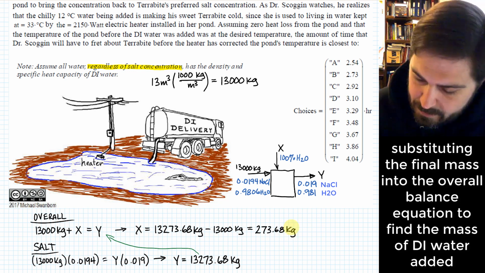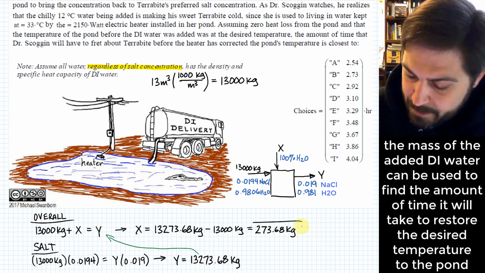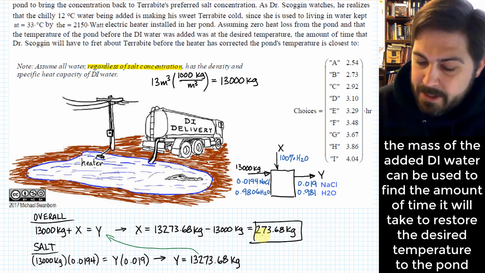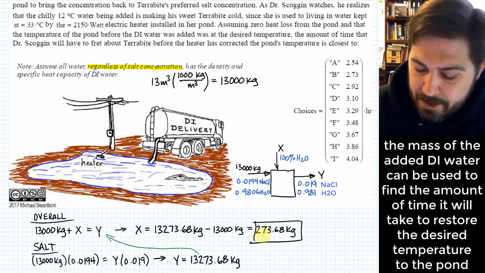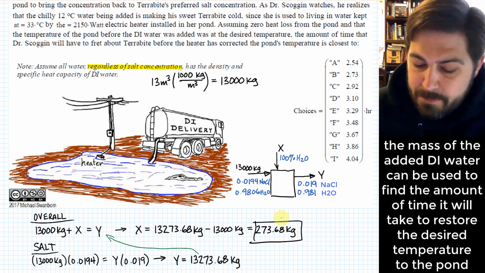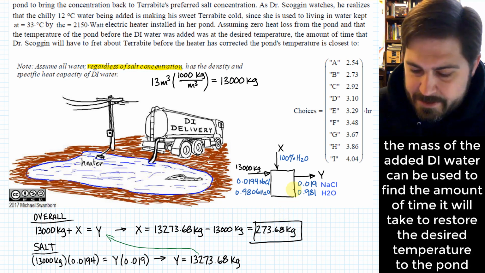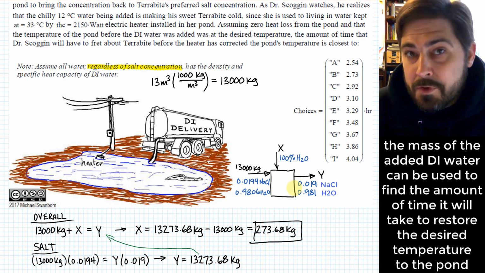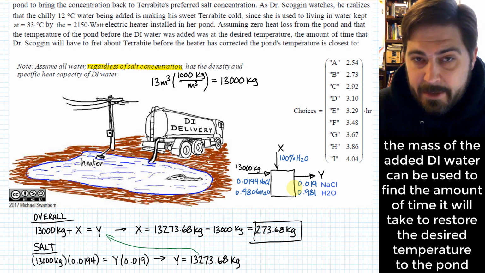But we'll notice that that is not the final result that we want, because what it's asking for is how much time we have to plug in this heater in order to bring the temperature back up to the preferred temperature for the pond. So I'm going to use a little logic here and say the rest of the water was already at the desired temperature. The heater's job is not to heat up all of that water.